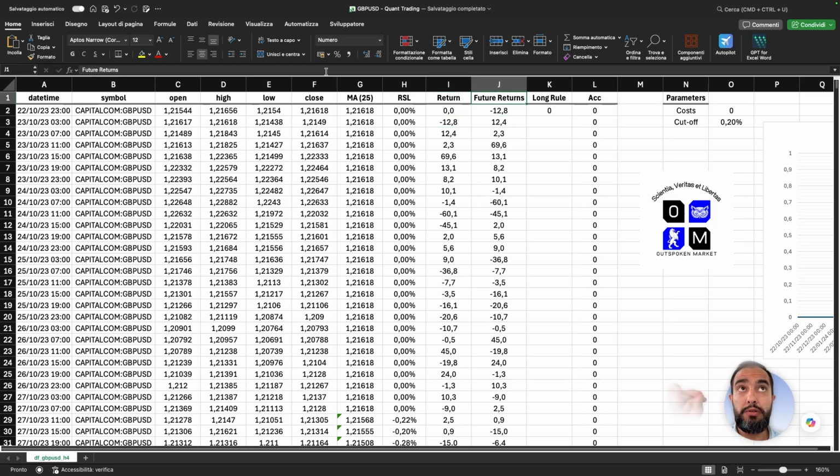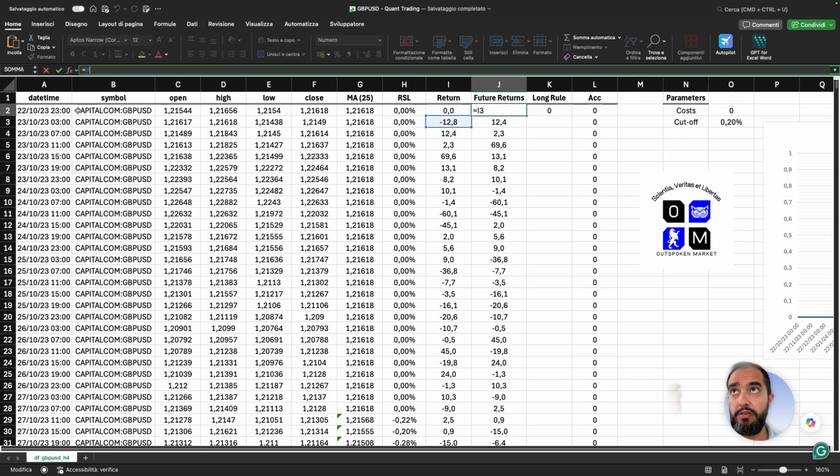And then I have column J, which represents the future returns. So for a certain given data point, the respective value will be the next point's return. This is just for me to be able to calculate if the rule that we are using to go long will make sense.